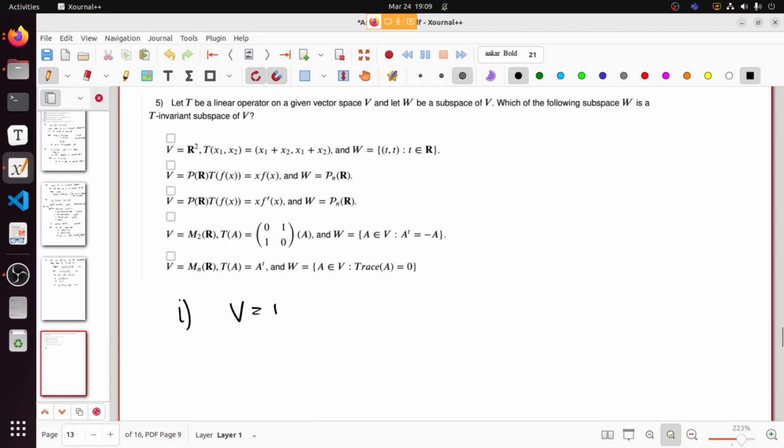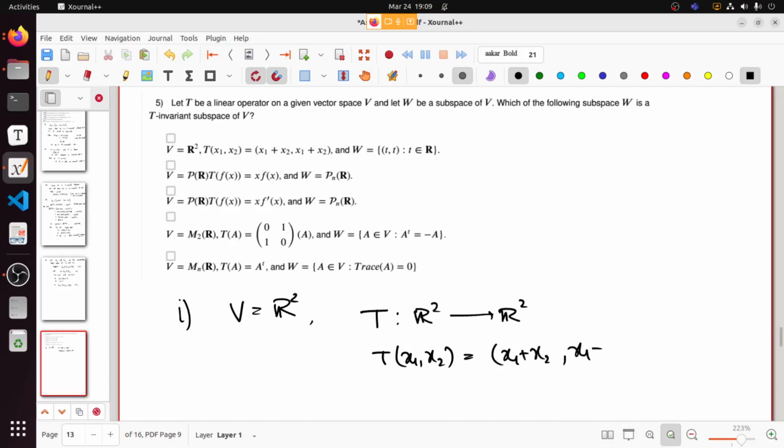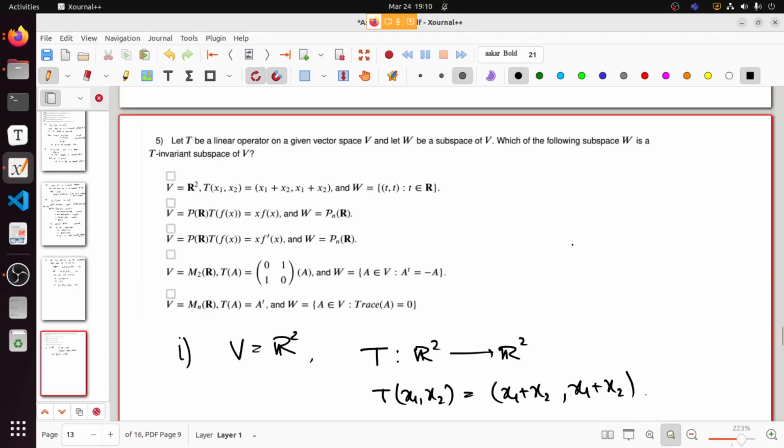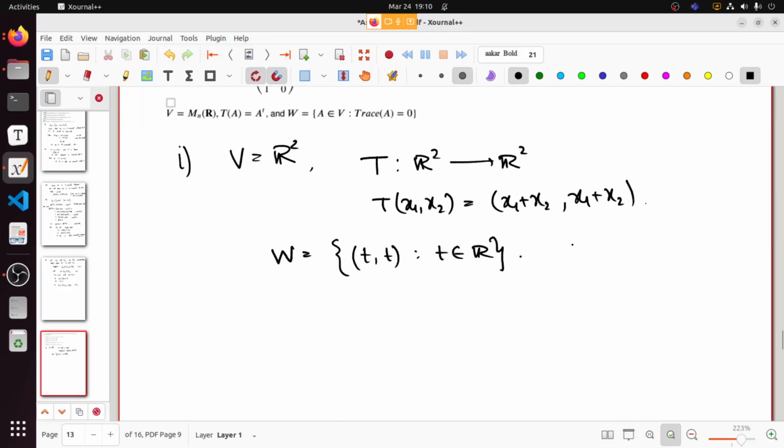First option, V is R2 and T is an operator mapping from R2 to R2. T of (x1, x2) maps to (x1 plus x2, x1 plus x2). And what is the subspace? W is given as W equals (t, t) such that t is in R. We check whether this W is a T invariant subspace or not.